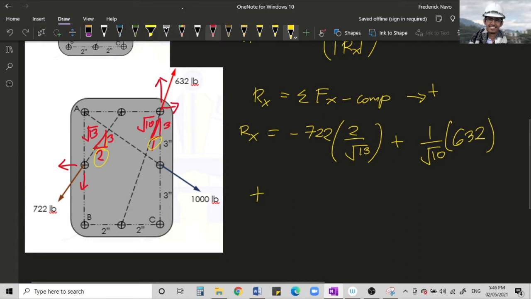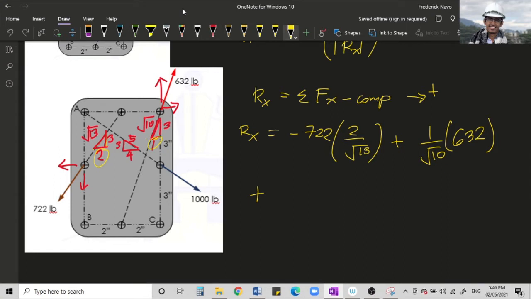So, kunin na ulit natin yung slope niya. So, yung slope natin dito sa 1,000, we have a slope here. So, this is actually 4. Tama? This is 4. And this is 3. So, yung hypotenuse niya, that will be 5. So, we have a 3, 4, 5 na triangle. So, for the 1,000 pounds, along x tayo.